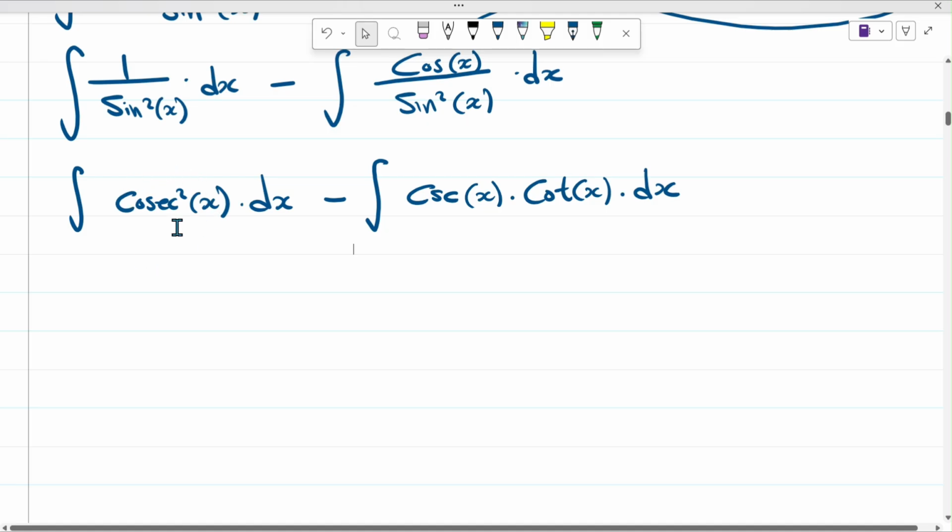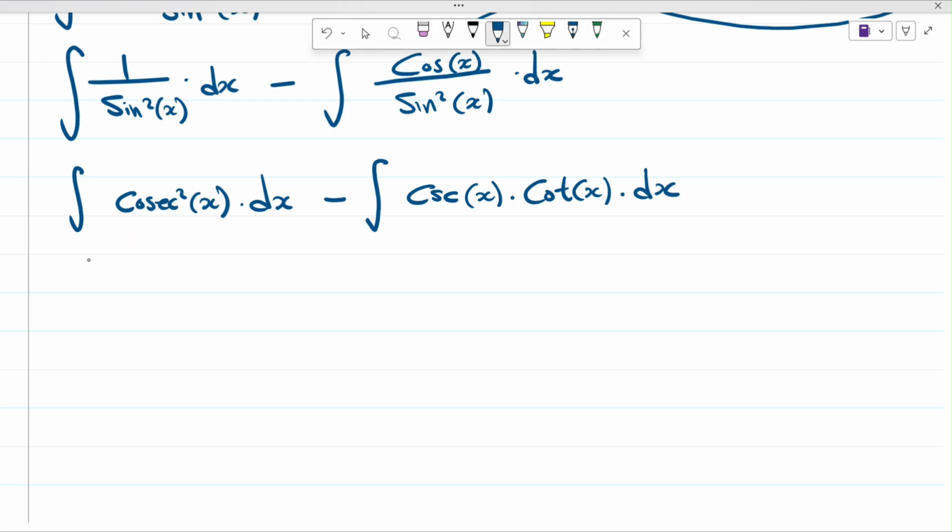It is negative cot, because when we differentiate cot, we get negative. Here there is no negative, meaning that the thing that was differentiated to get this positive cosec squared was negative cot. So this is going to be negative cot of x.